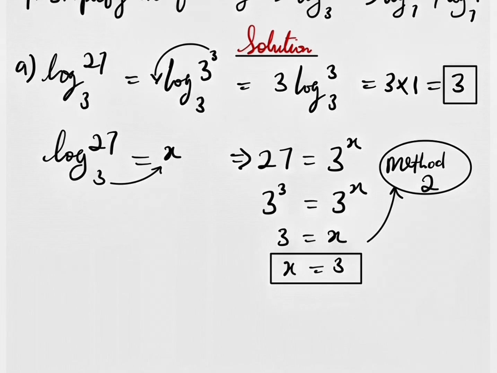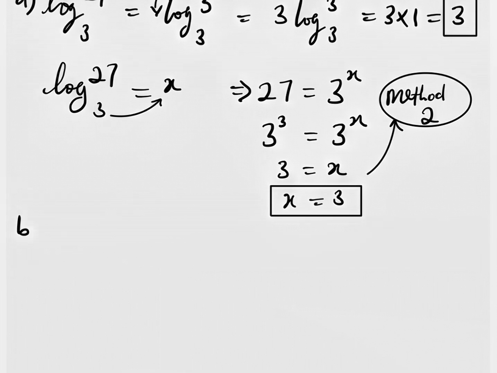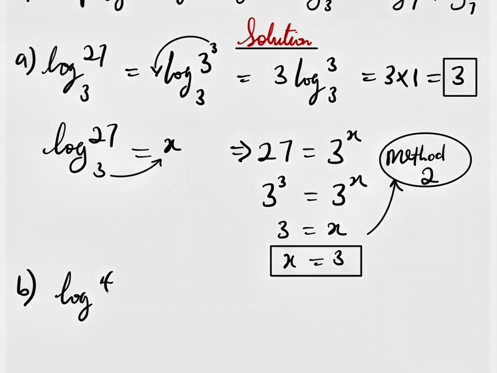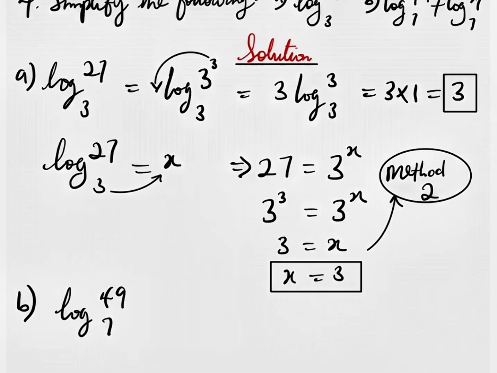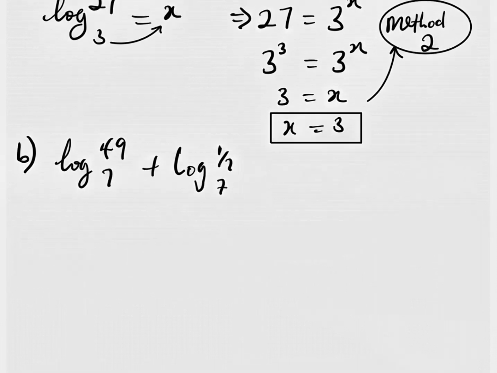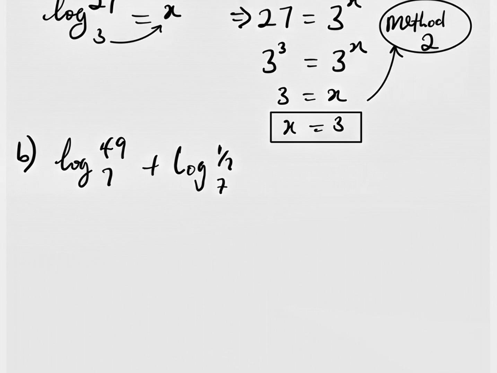So let us look at B. We have log 49 base 7, plus log 1 over 7 base 7. Now this one is pretty easy. We can just simply apply the addition law of logarithm.